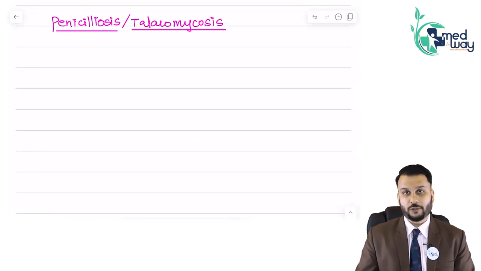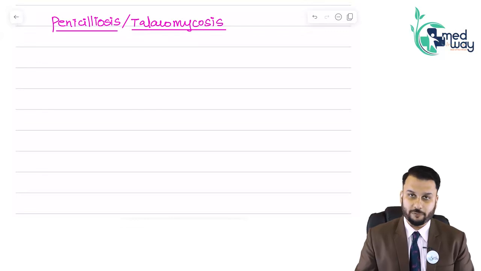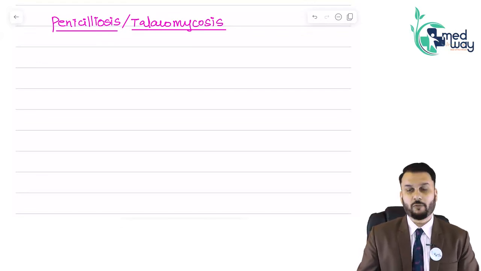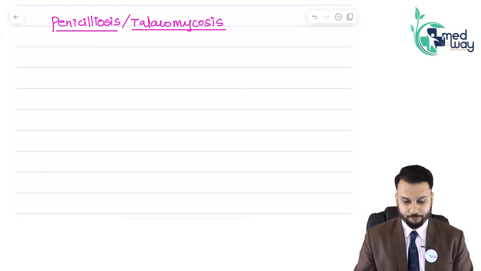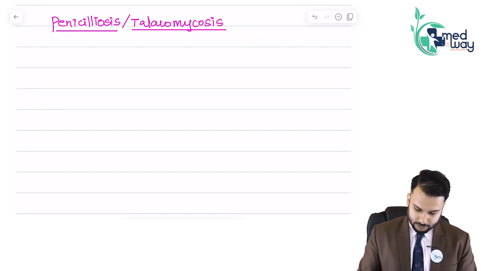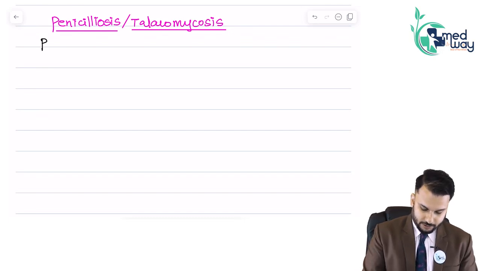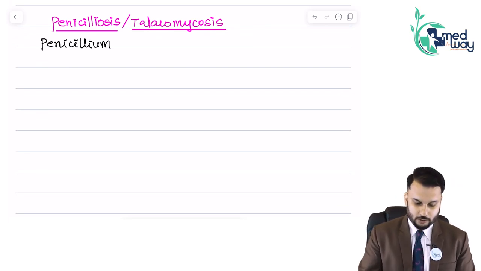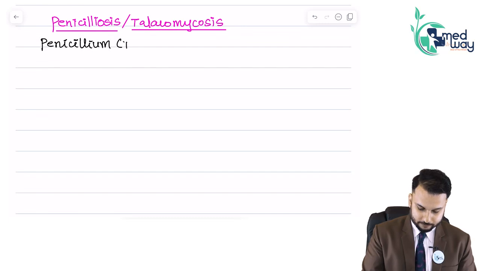Now let's wind up this topic by discussing the last and final dimorphic fungus, which happens to be known as penicilliosis, and its new name is Talaromyces. This is caused by one fungus called Penicillium, which is now called Talaromyces.